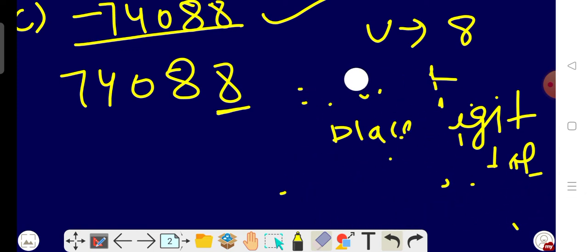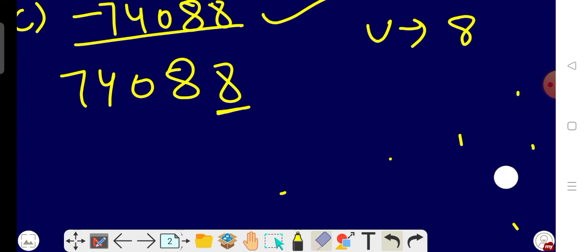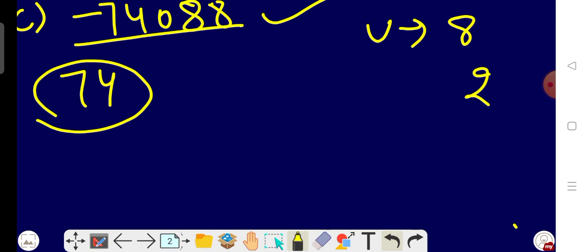From the unit place we have found the unit place digit of the cube root, and that is 2. Now we have to erase the last 3 digits: 0, 8 and 8. Then we have only 74. After this we have to find two numbers such that 74 lies between their cubes.